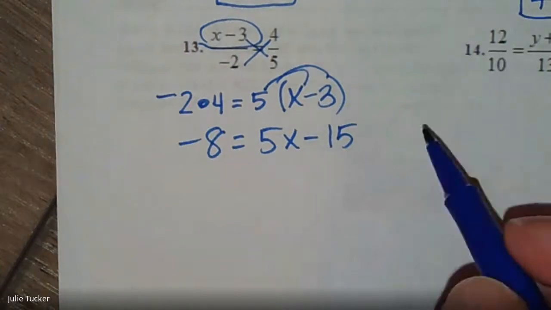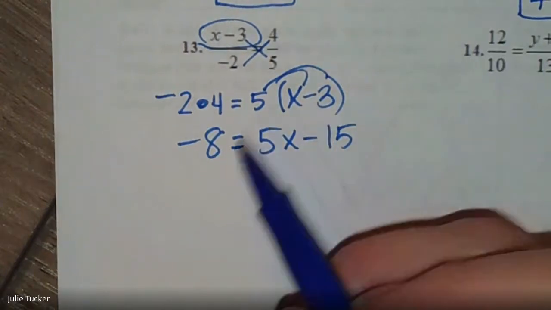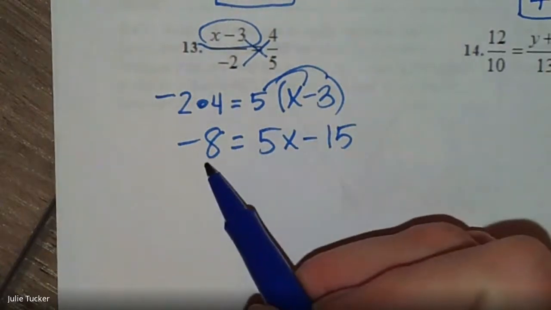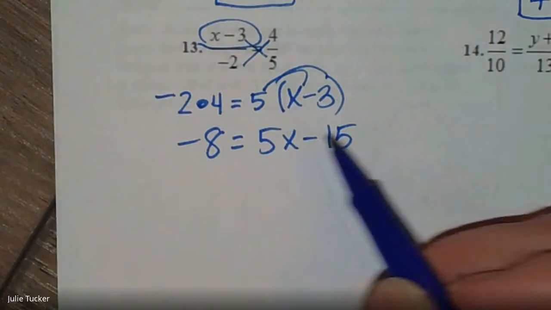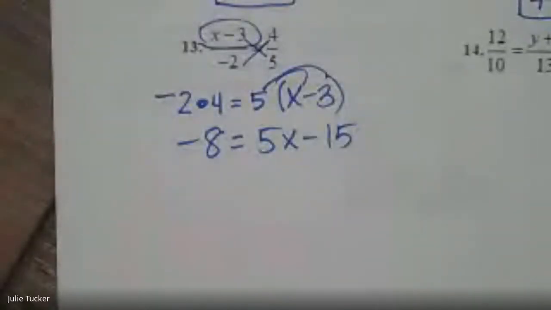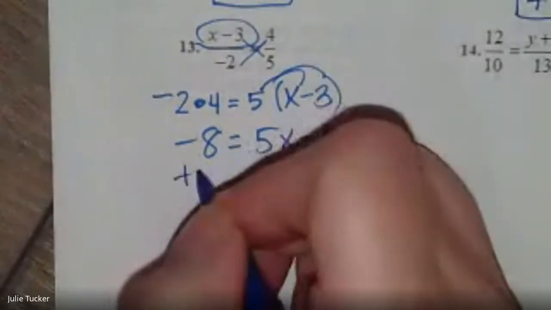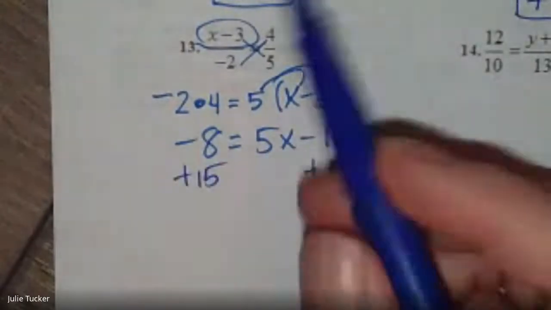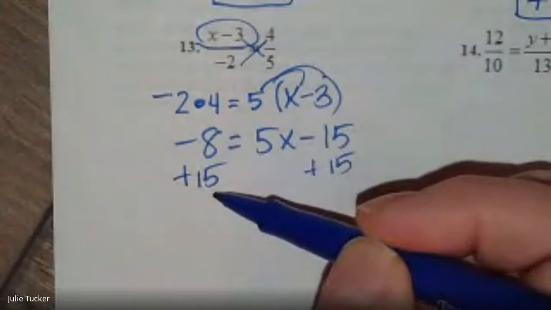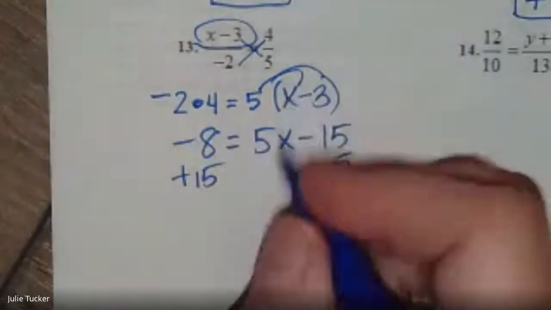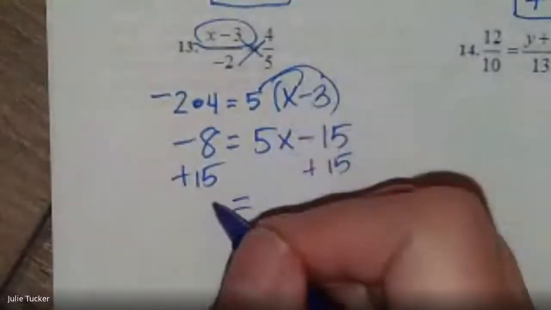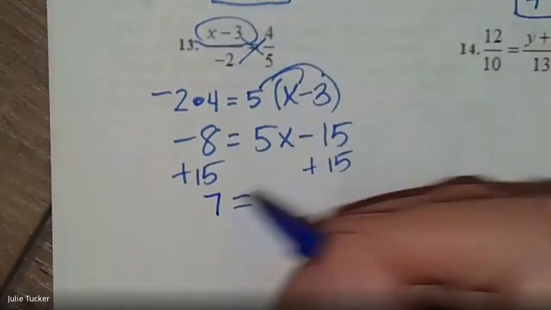So now we want all of the numbers on the same side. So we have a number, an x term, and a number. Which term should we eliminate? 15. Good job. So negative 8 plus 15 is the same thing as 15 minus 8. 15 minus 8 is 7.